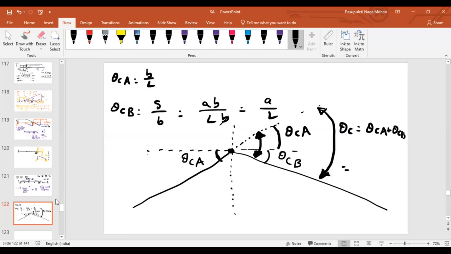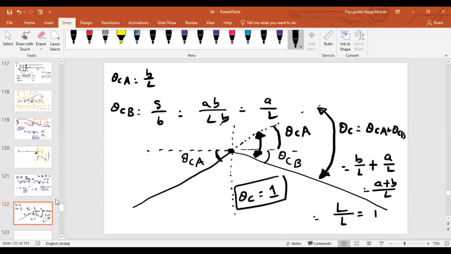Theta CA is B by L plus theta CB is A by L. If you simplify this, A plus B by L. A plus B is nothing but how much? L, total length of the beam, L by L, that will be equal to 1. So how come you are getting slope at C? Are you getting 1 or not? Yes, sir.